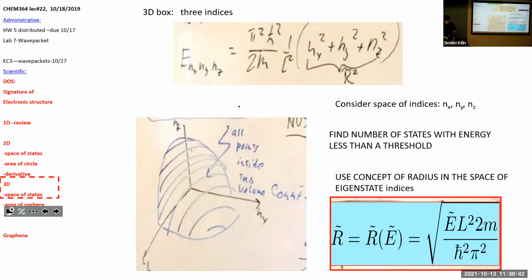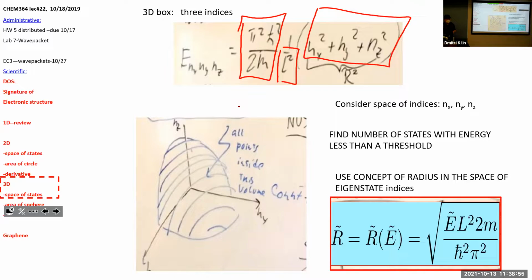So we do have several segments. We have a segment of constants, which we can forget for the time being. We have a segment for the size of the box, and we have a segment of quantum numbers, right? So the quantum numbers are squared and added together, the size is in the denominator, and then there are constants. So this quantum number squared can be interpreted as distance, right?